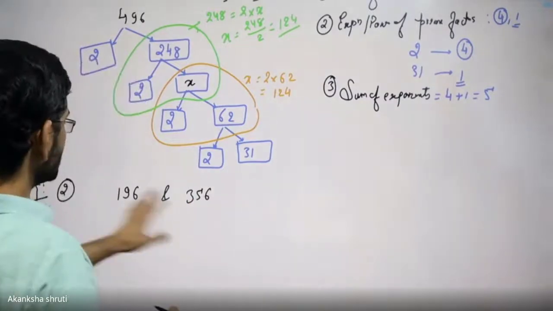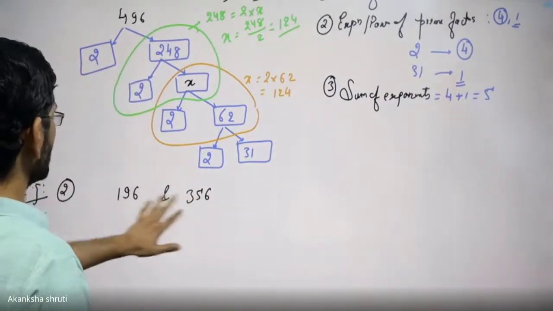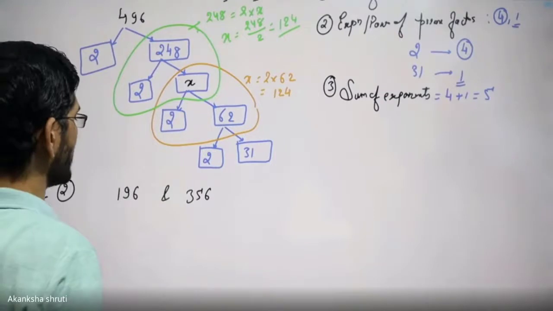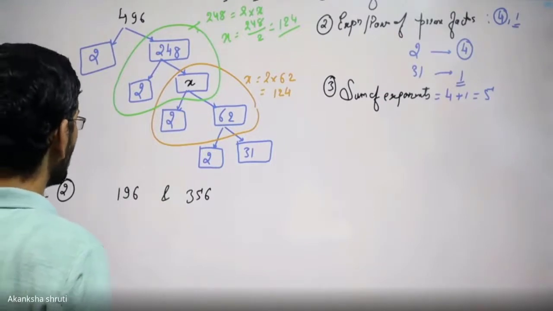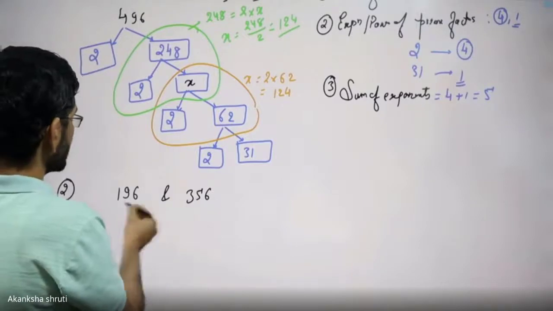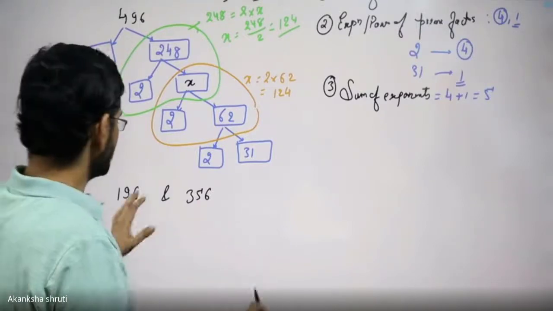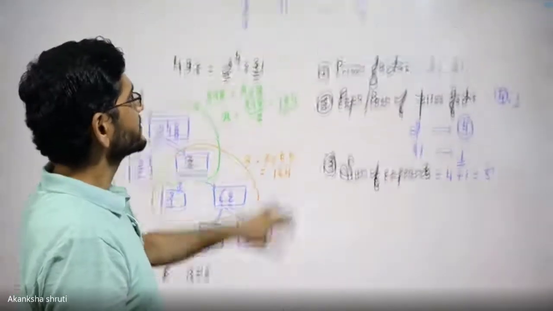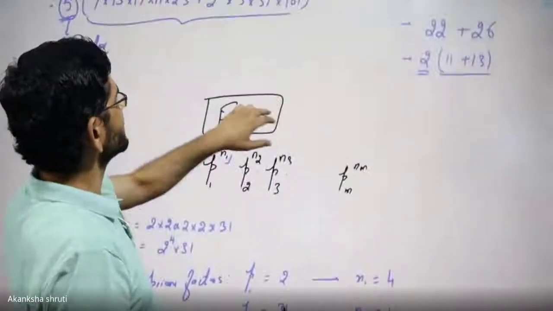Then we may be asked to write them individually in factor tree form, or to get their LCM and HCF. That is an application of this FTA. So let us summarize the applications. I will just solve one of the questions.